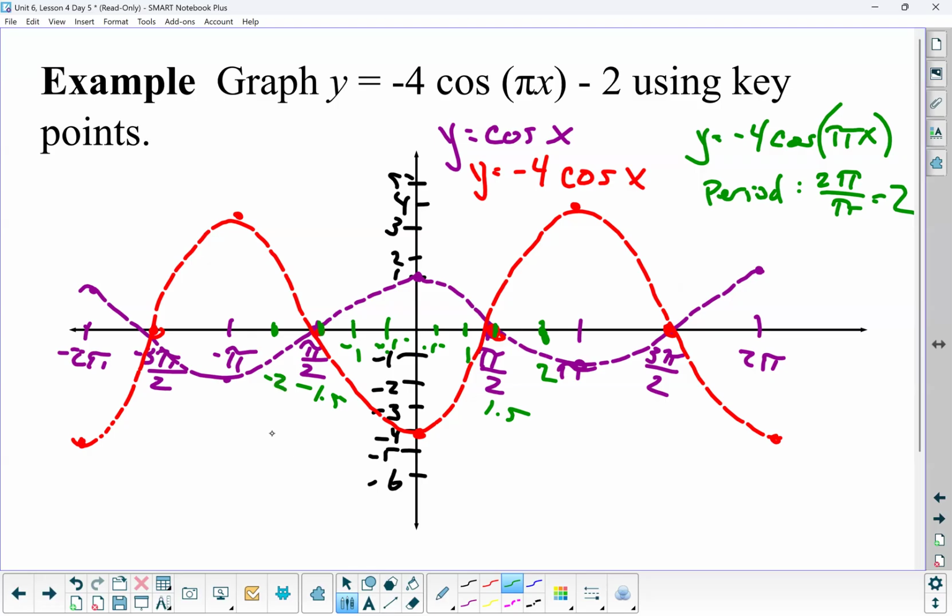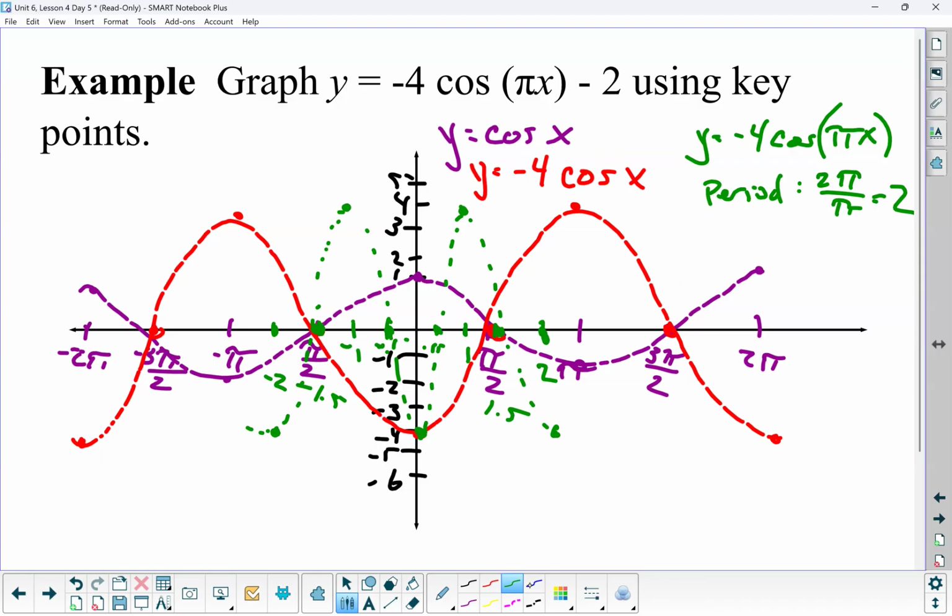So thinking about where my values are, at negative 2, we would be at negative 4. 1.5, 0, negative 1, positive 4, negative 0.5, 0, and negative 4, 0.5, 1, 1.5, and 2. There we go.